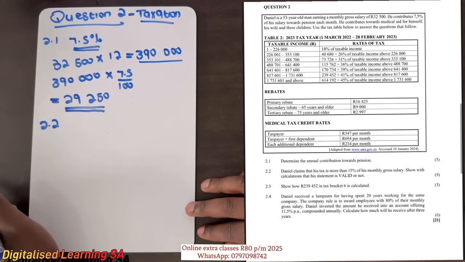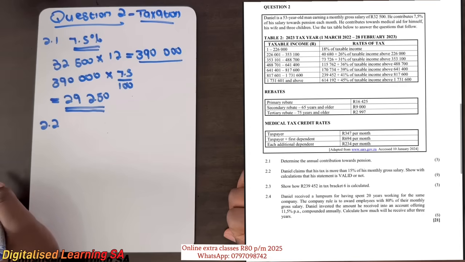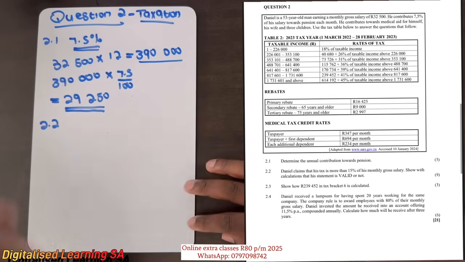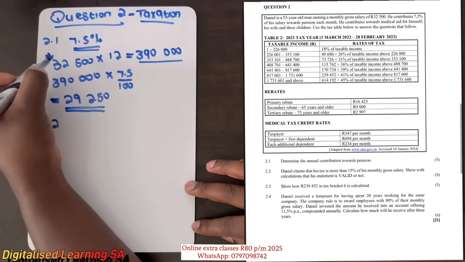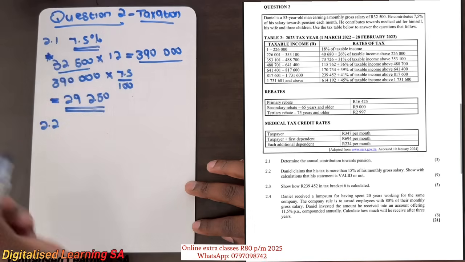Question 2.2 says that Daniel claims that his tax is more than 15% of his monthly gross salary. Show with calculations that his statement is valid or not. He is saying that what he pays to SARS in a month is more than 15% of his gross salary, which is 32,500.